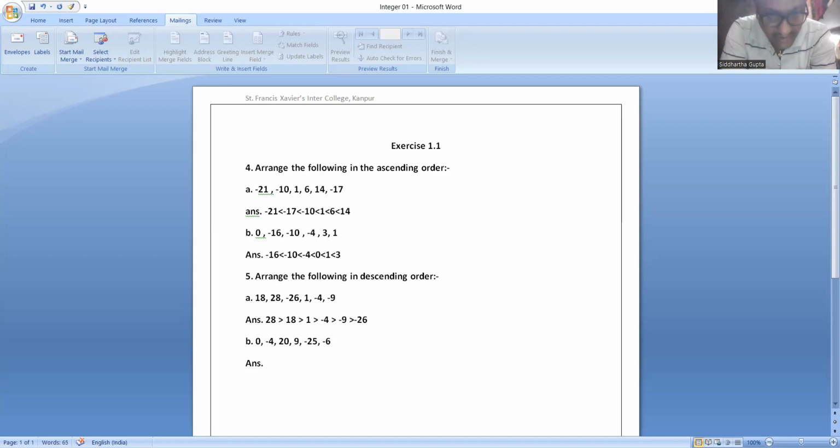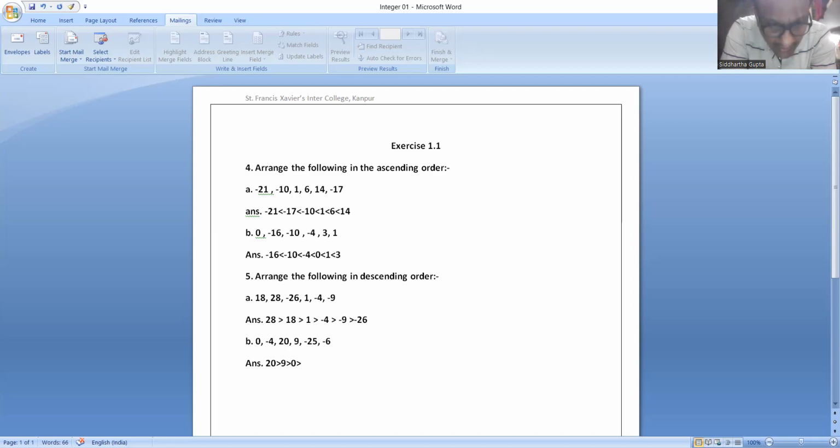So the first positive number is 20. We have to put this number 20 first. After that, the second positive number is 9. So 20 is greater than 9 and 9 is greater than 0. Now what is the next number? How many numbers are left?